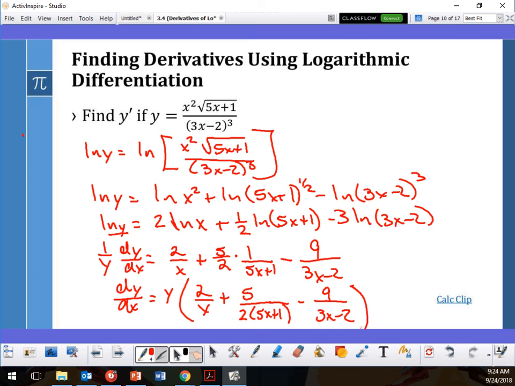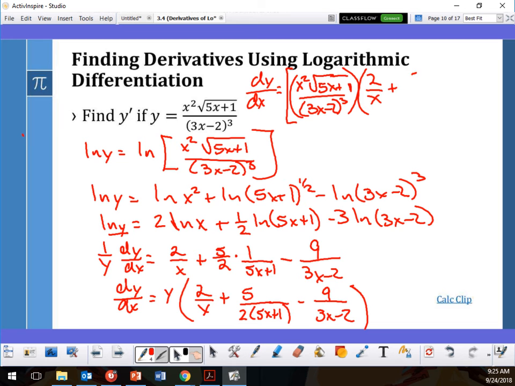All right, so let's see. I'm going to write it over here. So dy dx is equal to x squared times 5x plus 1 over 3x minus 2 to the third, and times all that other mess, which is 2 over x plus 5 over 2 quantity 5x plus 1, minus 9 over 3x minus 2.